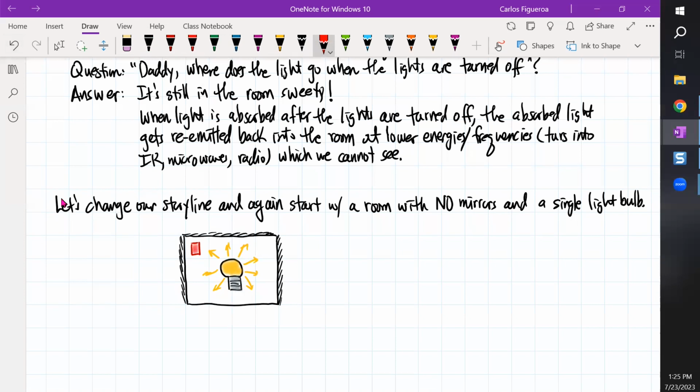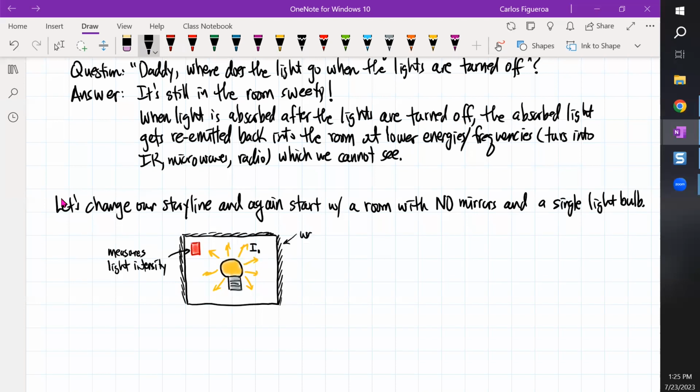Okay, there's my light sensor. So this measures light intensity. And right now, it's measuring an intensity, which I'll call I1.